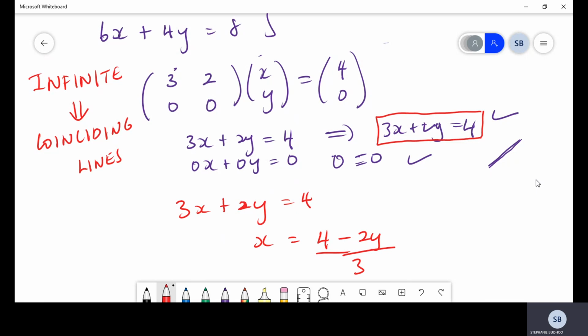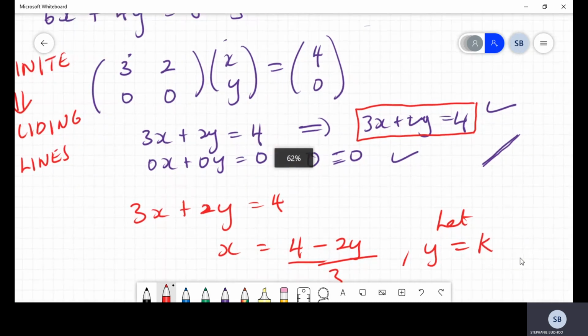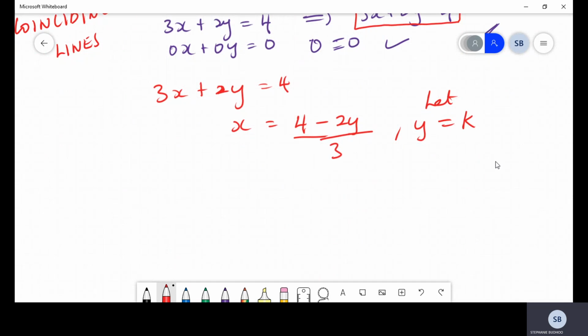Then in a case like this, if y were to take any constant value, let y be any value such as k, then no matter what values y happens to be as a constant, be it 3 or 4 or -5, the values of x will also belong to the system of real numbers.